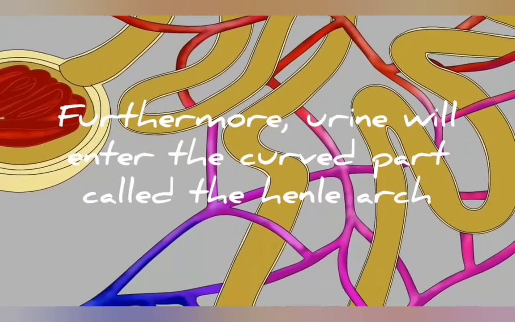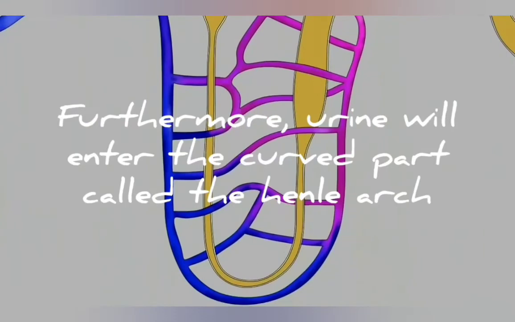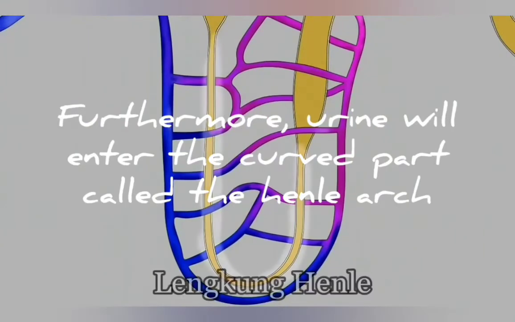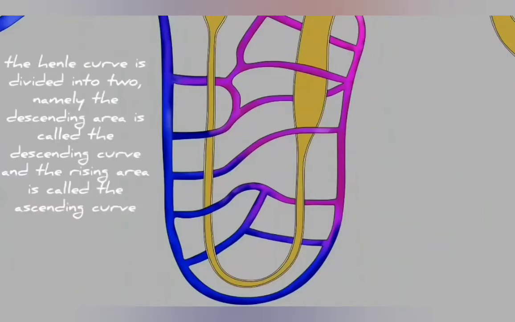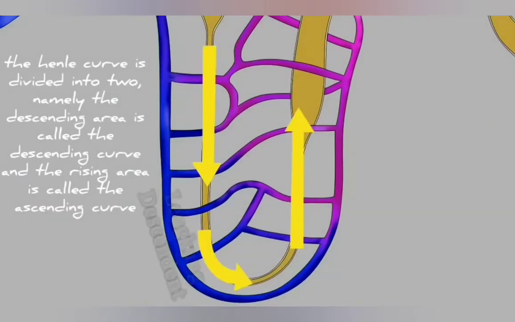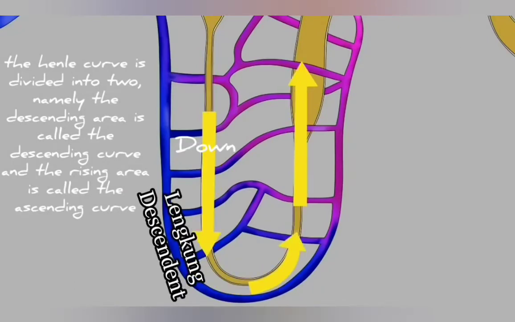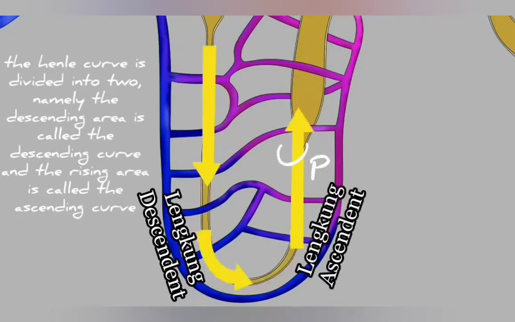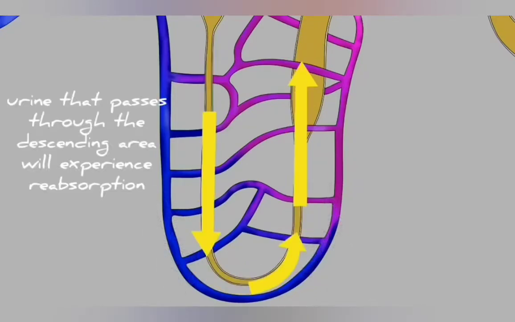Furthermore, urine will enter the part called the loop of Henle. The loop of Henle is divided into two, namely the descending limb and the ascending limb. Urine passing through the descending limb will experience reabsorption.